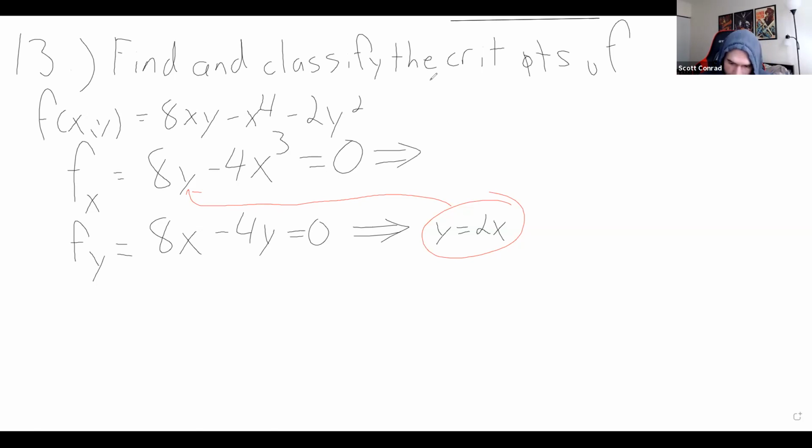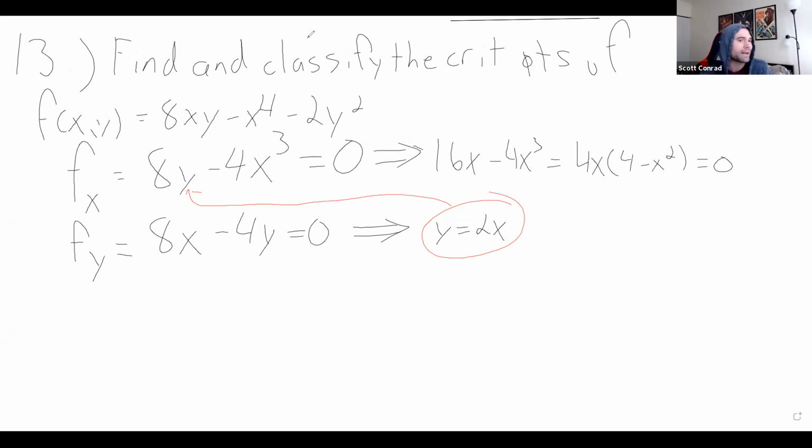So we get 8 times 2x, which is 16x, minus 4x cubed equals, let me just set this equal to 0. We can factor out 4x here. So we got 4x times 4 minus x squared, and we know that's equal to 0.